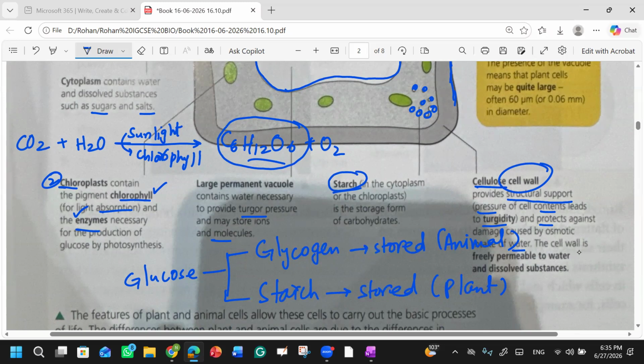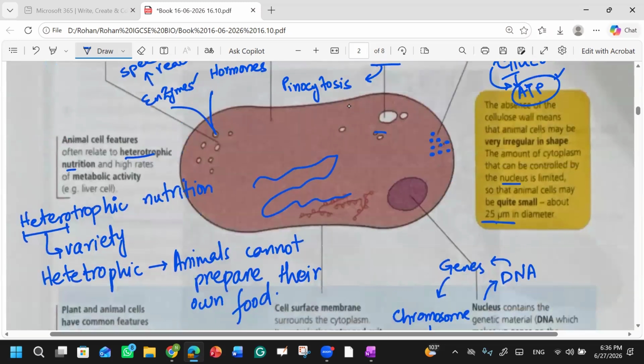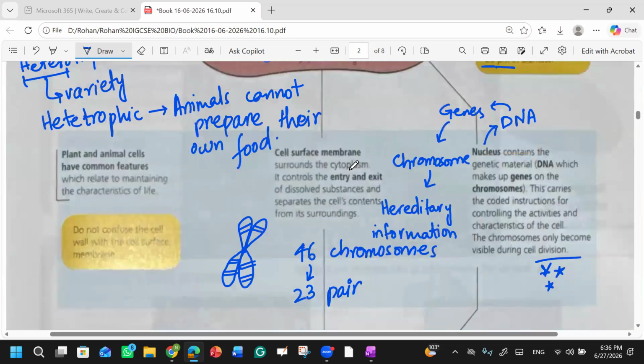The cell wall is freely permeable. It is not just like the cell membrane. We have discussed that the cell membrane is semi-permeable. It allows only a few substances to enter and only a few substances to leave the cell.